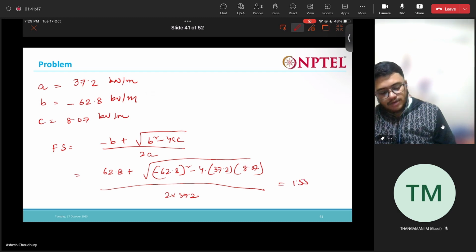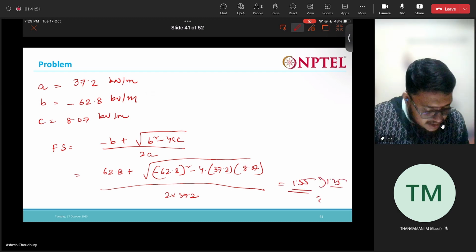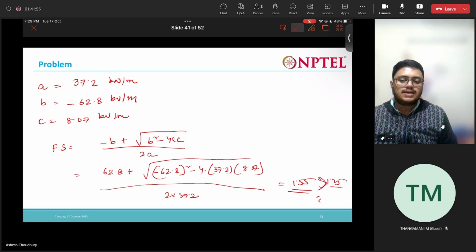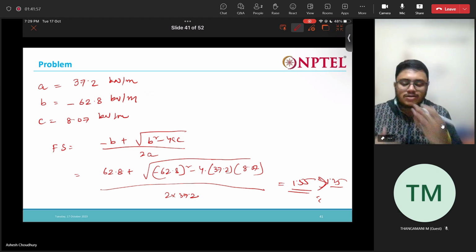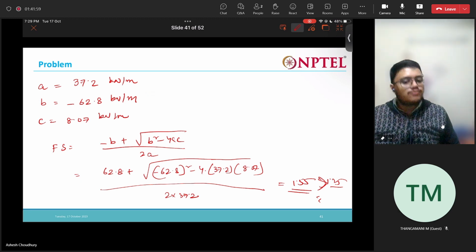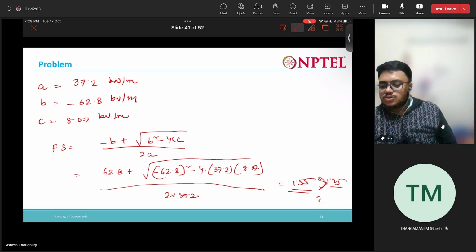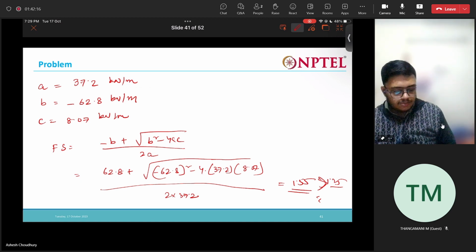So here we will get a factor of safety greater than 1.25. So you are seeing that if we use the tapered thickness soil cover, the factor of safety actually increased from 1.25, it increased to 1.5. Okay, so for the constant thickness soil cover it was 1.25, and if you are using tapered thickness soil cover it increased to 1.55, right?